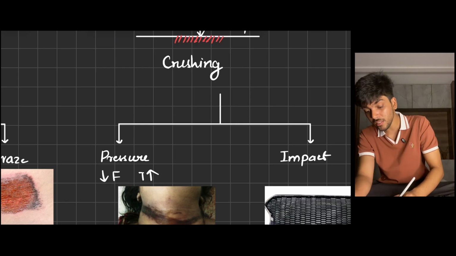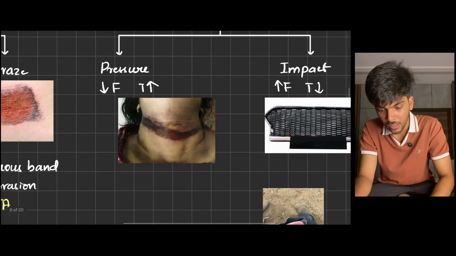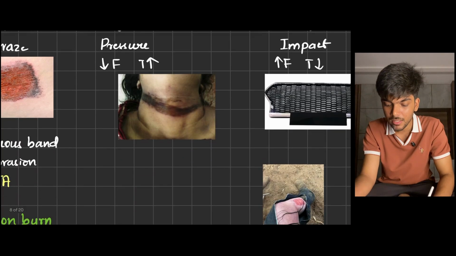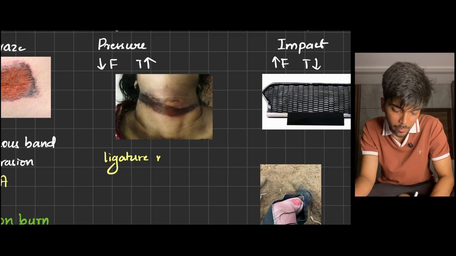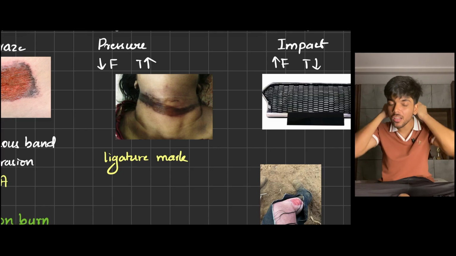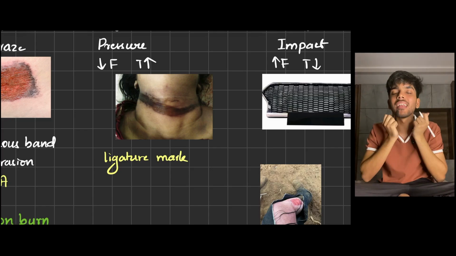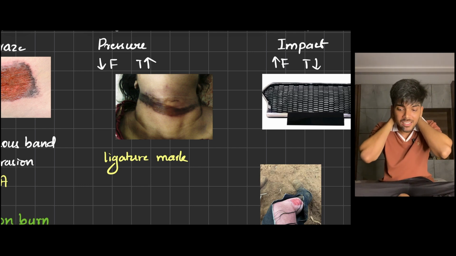Impact abrasion is a crossing abrasion where more force is applied within a shorter time frame. An example of pressure abrasion is a ligature mark. When you hang yourself and put a ligature around your neck, tie a rope around your neck, pressure is applied on your neck for a long period of time at a small force, which results in pressure abrasion.